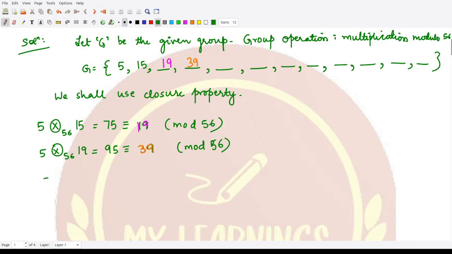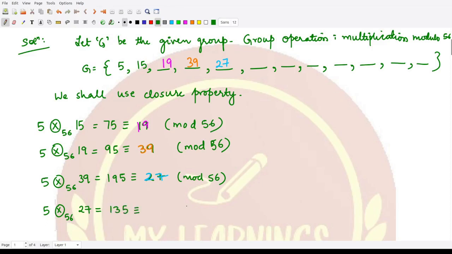Next, you can compute 5 multiplication modulo 56 with 39. That gives 195, which is equivalent to 27 mod 56, so 27 is the remainder. So we have 27 in the group too. Next, we compute 5 multiplication modulo 56 with 27. We get 135, and under mod 56 you have 23 as the remainder.